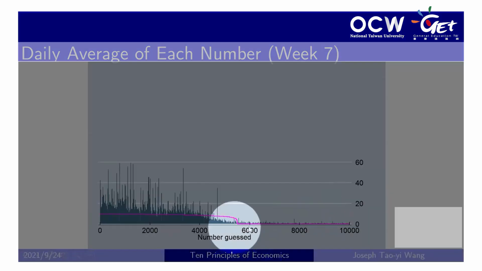The big numbers that you should not choose are not chosen that frequently anymore, even though 7777 here is still here. Barely see 8888, and 9999 requires very good eyesight to see. And the gap between 2000 to 6000 is filling up. So now it's only a small gap between 4500 to 5000.